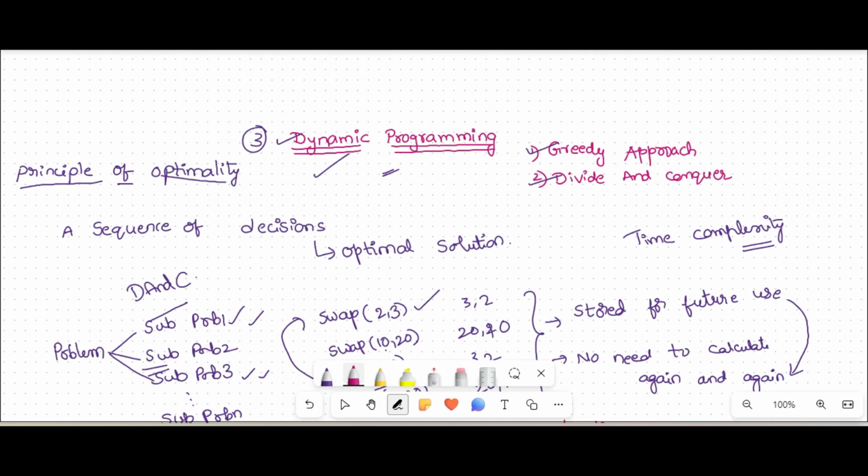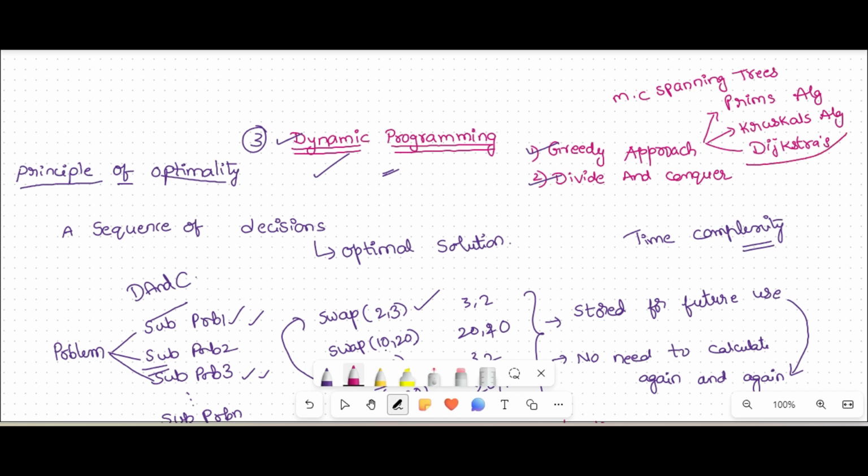Another important point: the greedy approach is used in spanning trees, that is spanning tree construction, minimum cost spanning trees. So Prim's algorithm, Kruskal's algorithm, and Dijkstra's algorithm, the single source shortest path algorithm.